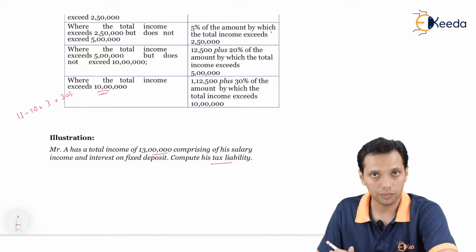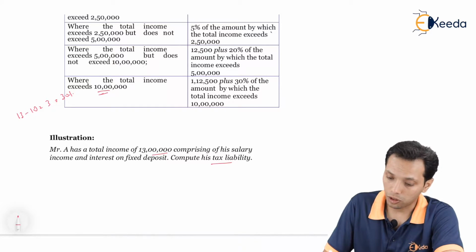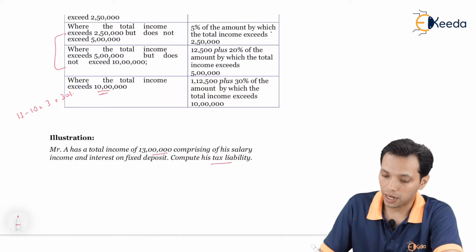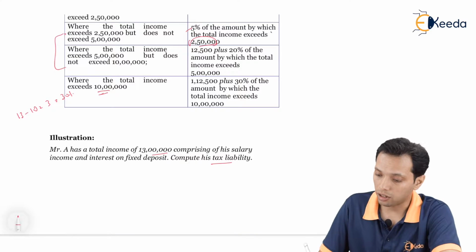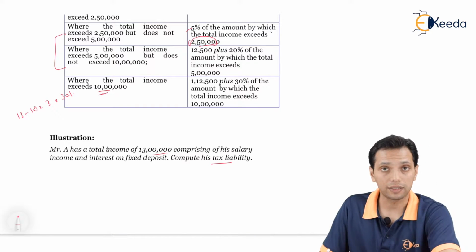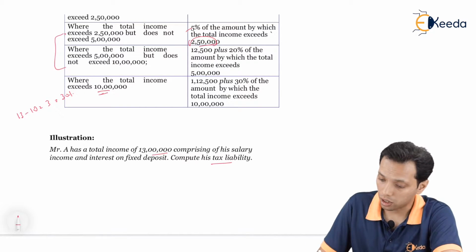30% would be charged. Then on 2,50,000, 5% is charged, and on 5 lakh, that is 10 lakh minus 5 lakh, 20% is charged.